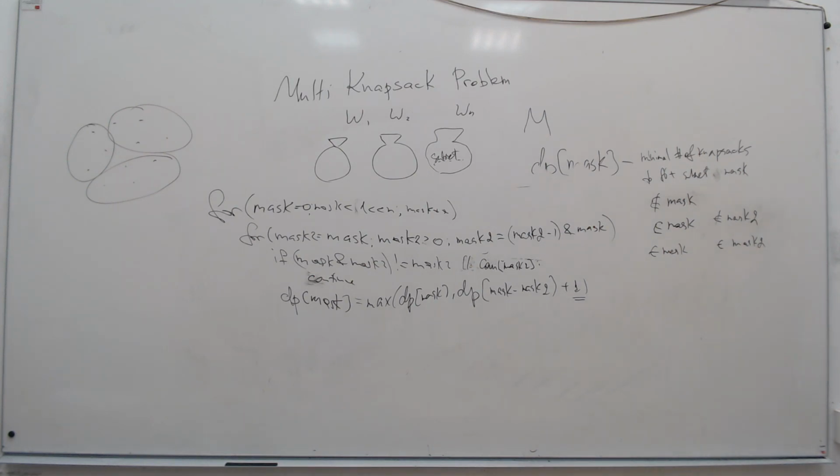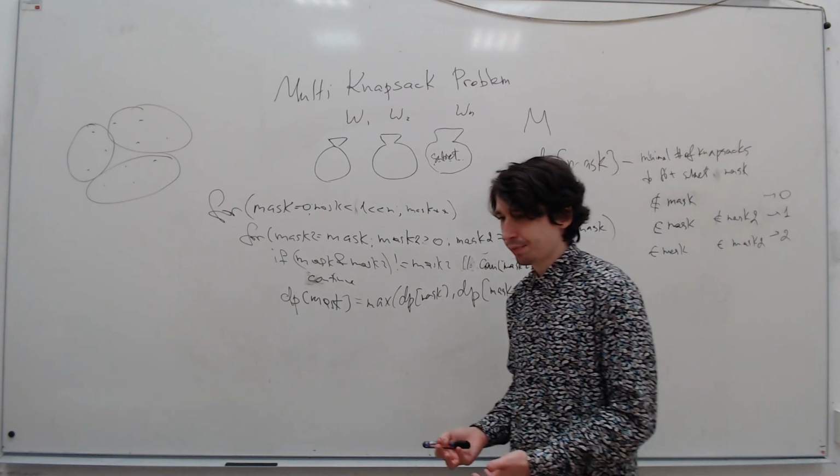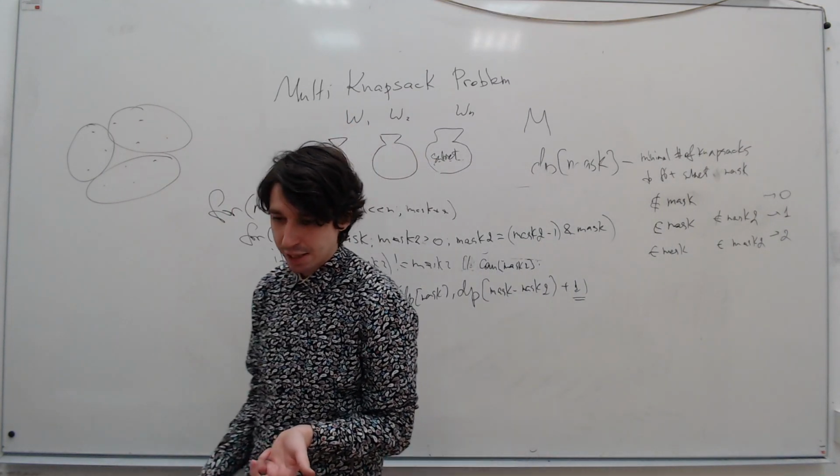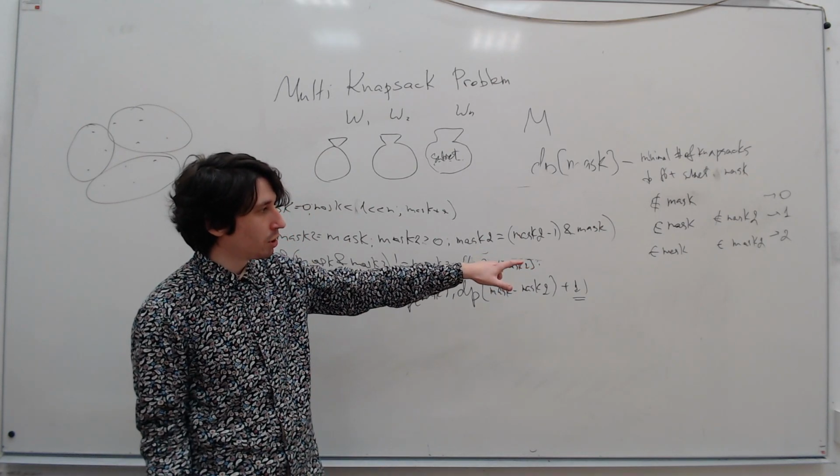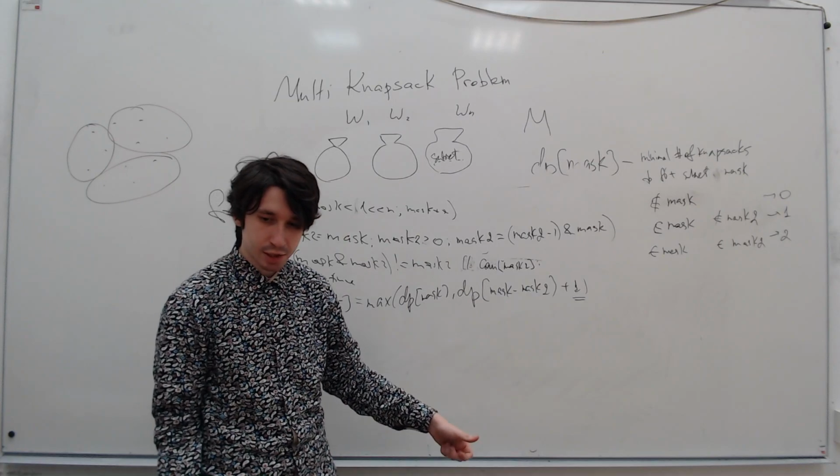So we have three options: this will be 0, this will be 1, this will be 2, for each element.